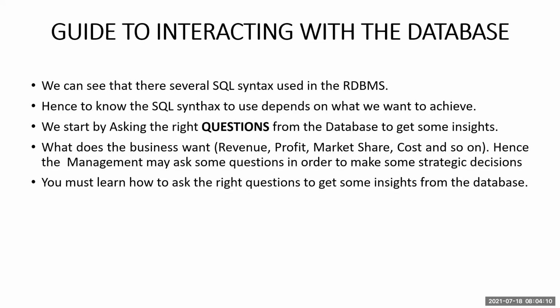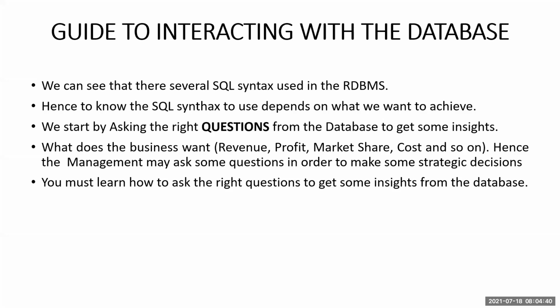Okay? But you see, the most important thing is asking the right questions first. Then once you know the question, the next question is, to get this answer, where will I get it from? You get it from this data, from this data, from this data. Then that will help me identify, okay, this is the database I now need. Now, you see, for example, we said, what does the business want?